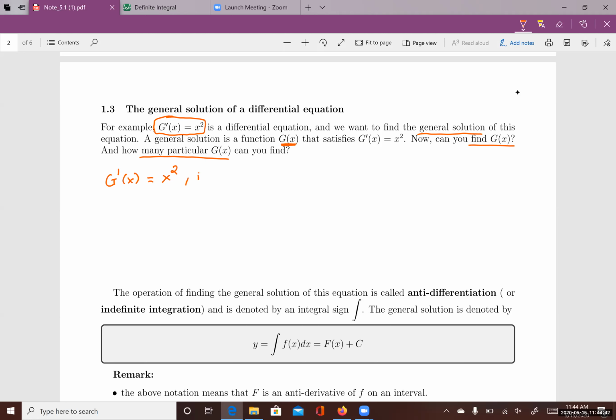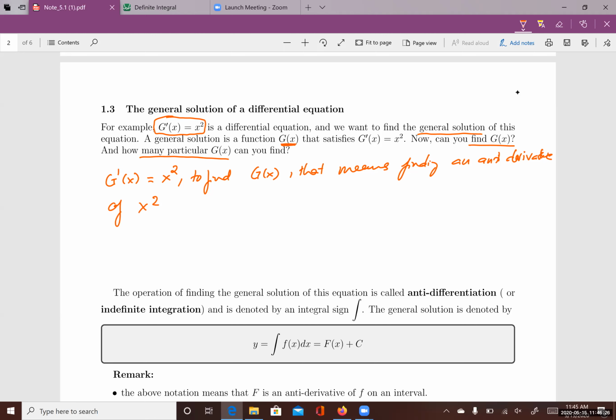Okay, so in order to find g of x, that means finding the antiderivative of x squared, right?